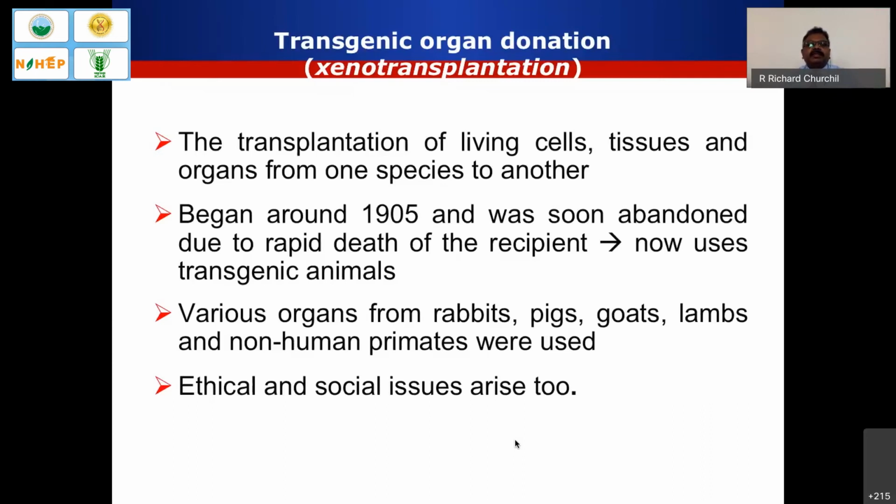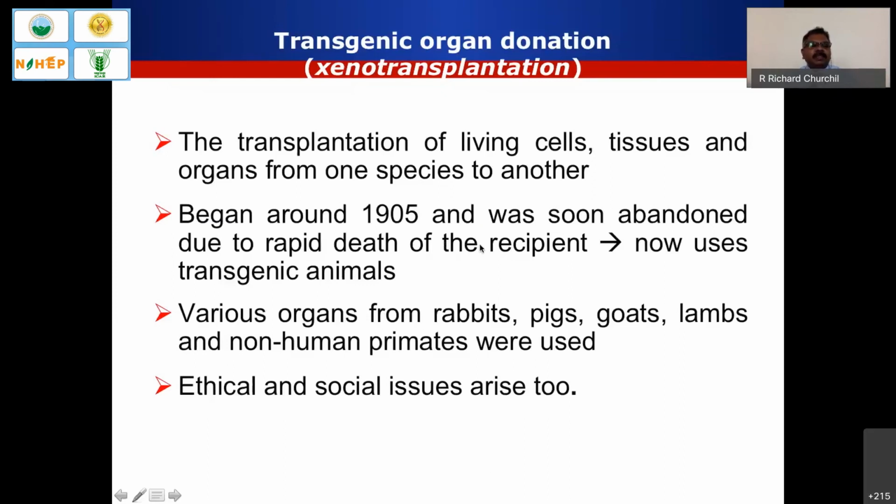Transplantation of tissues from species to species was tried earlier, since 1905. But the persons who received a transplant from another species died because of histoincompatibility.